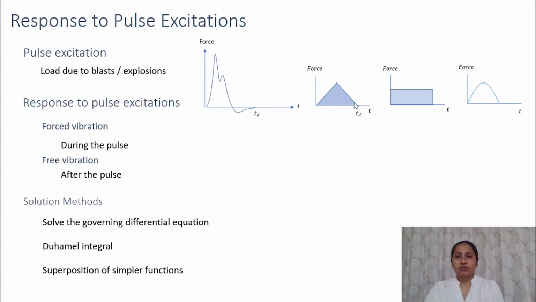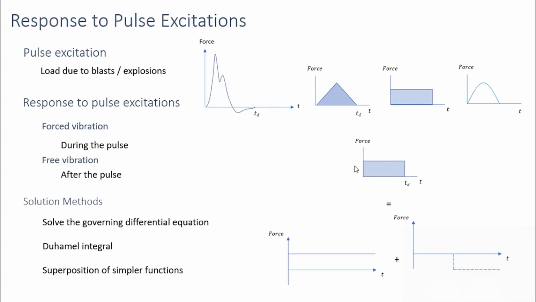For these pulse excitations, we can also use superposition of simpler functions. That means we can express a pulse as a superposition of other simpler forces. For example, this rectangular pulse can be treated as a sum of these two forcing functions.